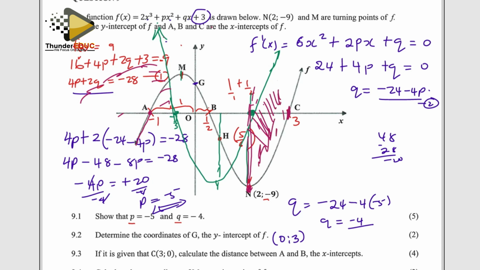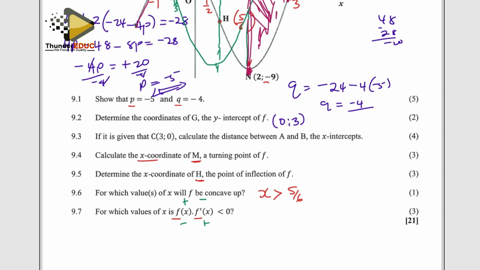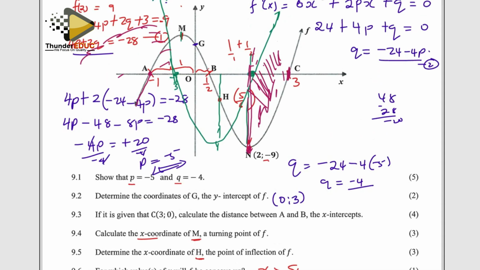So my answers are going to be x must be less than negative a third, or... we need the 5/6 here, because we're talking about the parabola itself.